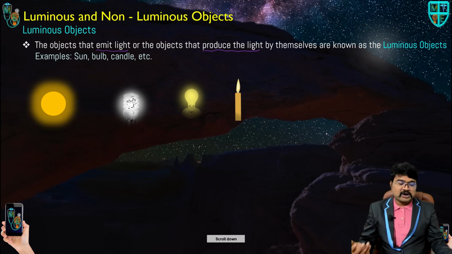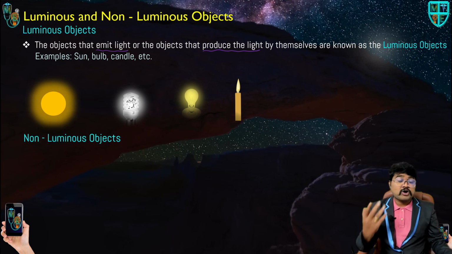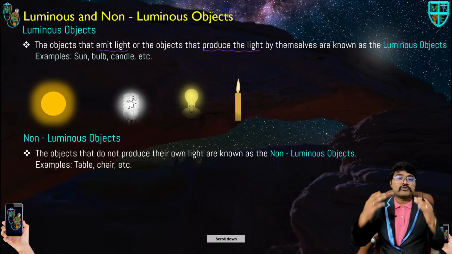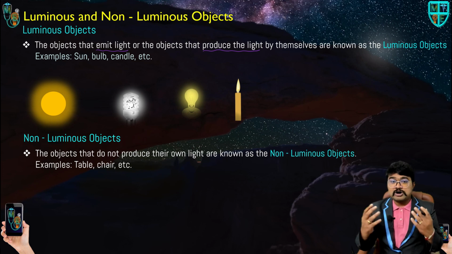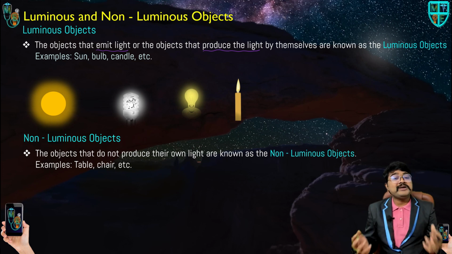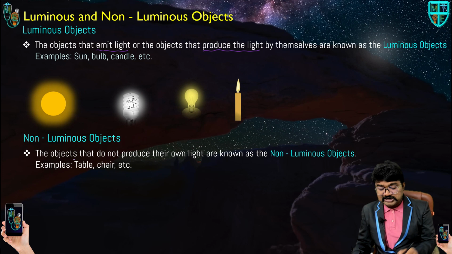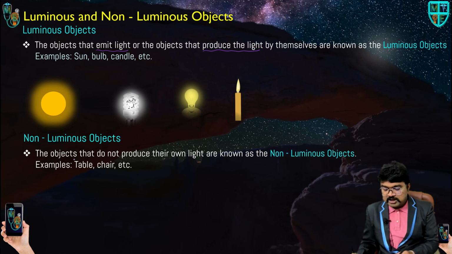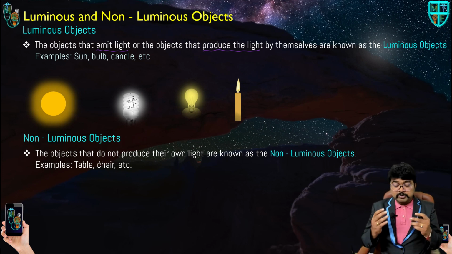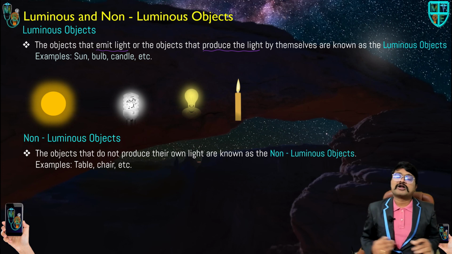Now we need to have a look at the non-luminous objects. Of course, non-luminous objects are the objects which can't emit light, so they can't produce light. Objects that don't produce their own light are known as non-luminous objects.